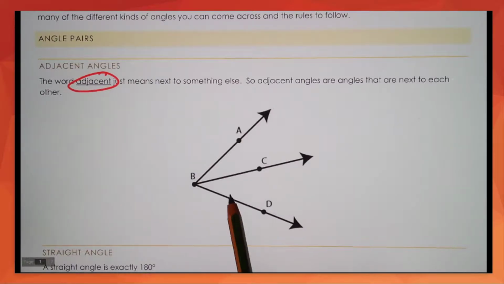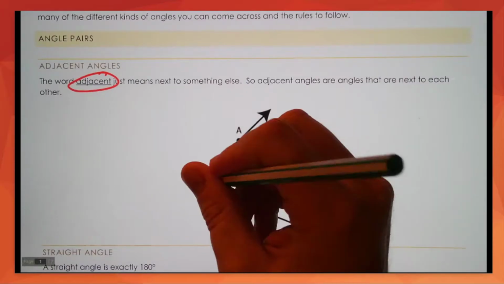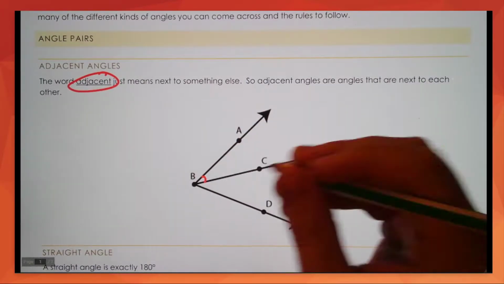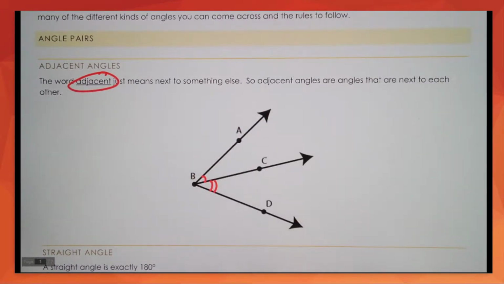So if we look at our diagram, we have an angle here, and then we have another angle here. I'm using two different markings that describe the angle. Since this angle is a certain measure, I don't know how much, and this angle could be the same or it could be a little larger.